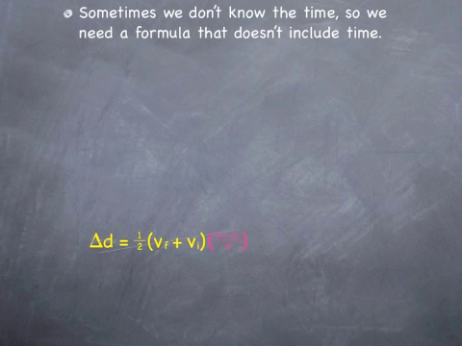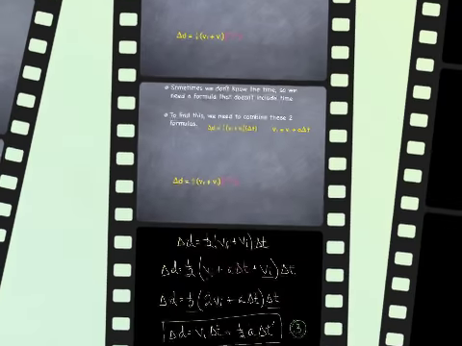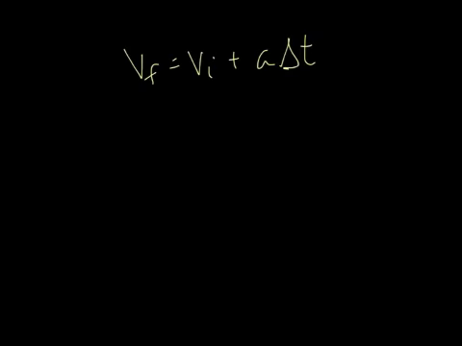Sometimes we don't know the time, so we need a formula that doesn't include time. To find this, we will combine these two formulas. The first step of that process would be to rearrange this formula to solve for time. To get the t by itself, we first need to subtract v initial from both sides of the equation.